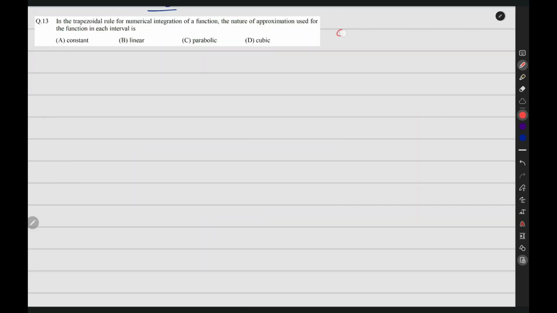So this question is from GATE 2014 for 1 marks. According to the question, in the trapezoidal rule for numerical integration of a function, the nature of approximation used for the function in each interval is.